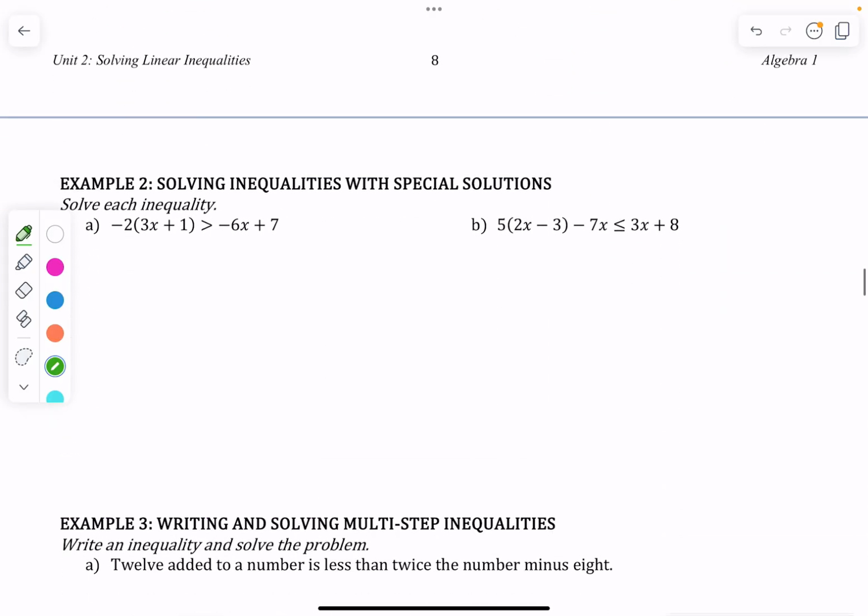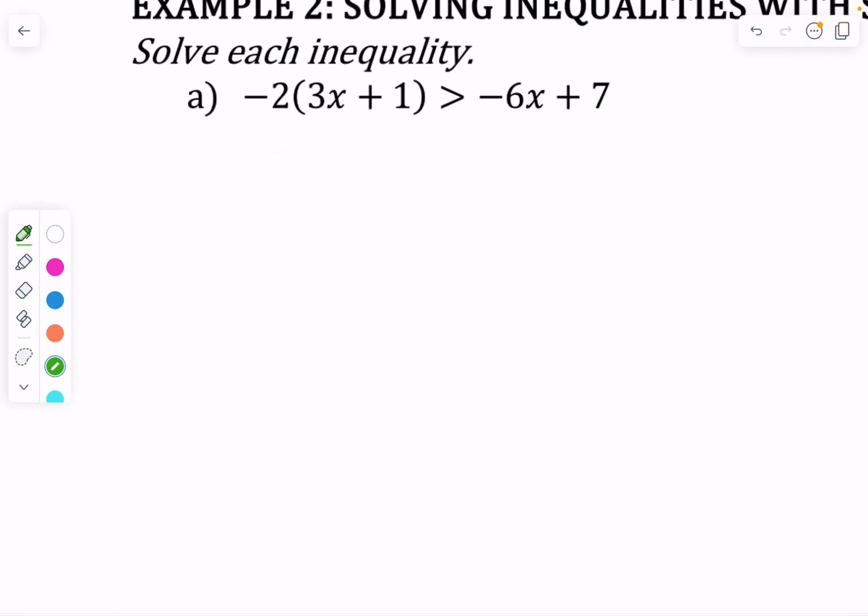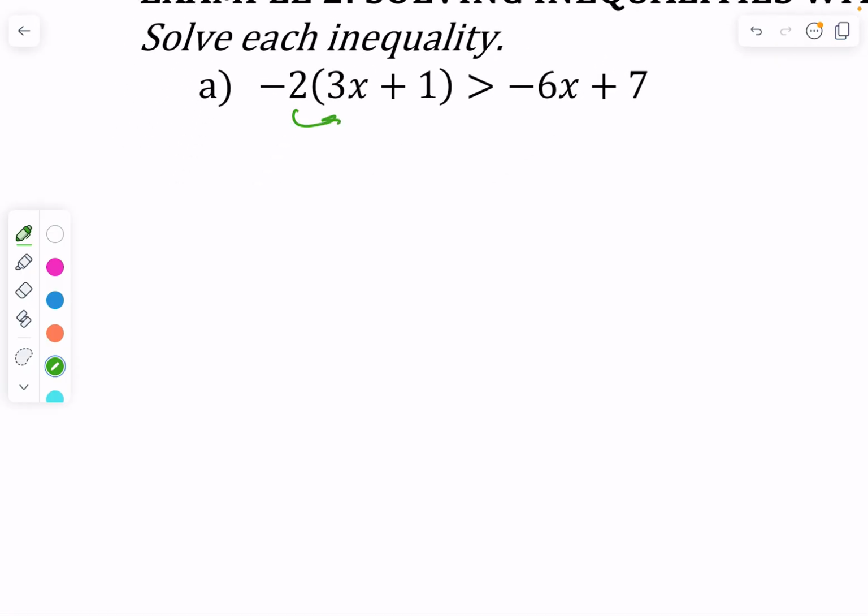All right, so now let's look at inequalities with special solutions. So we're still going to go ahead and solve. Okay, there's no combining like terms on each separate side. Now we need to move variables to one side.